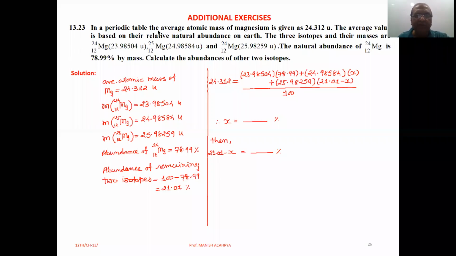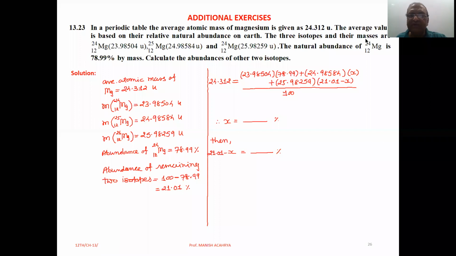13.23. In a periodic table, the average atomic mass of magnesium is given as 24.312 u. The average value is based on their relative natural abundance on Earth.